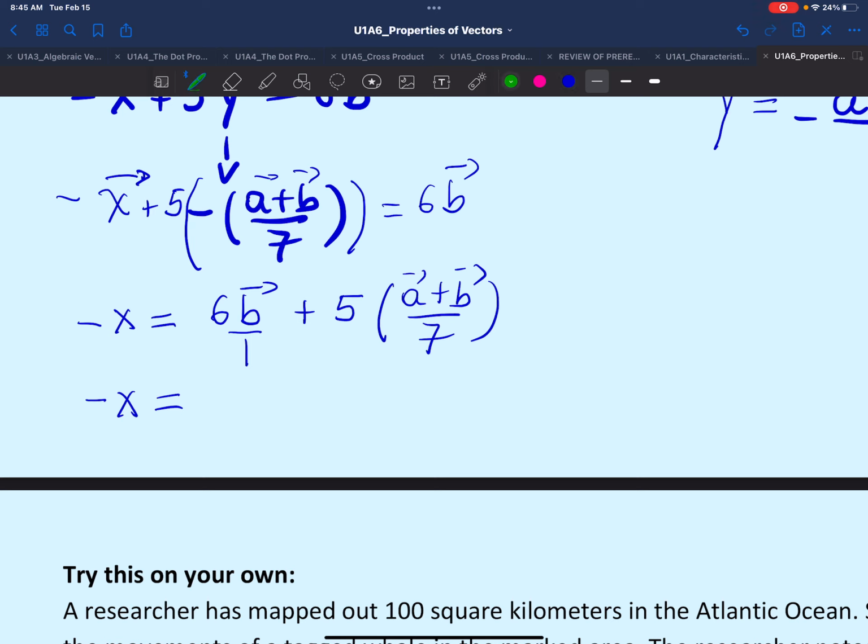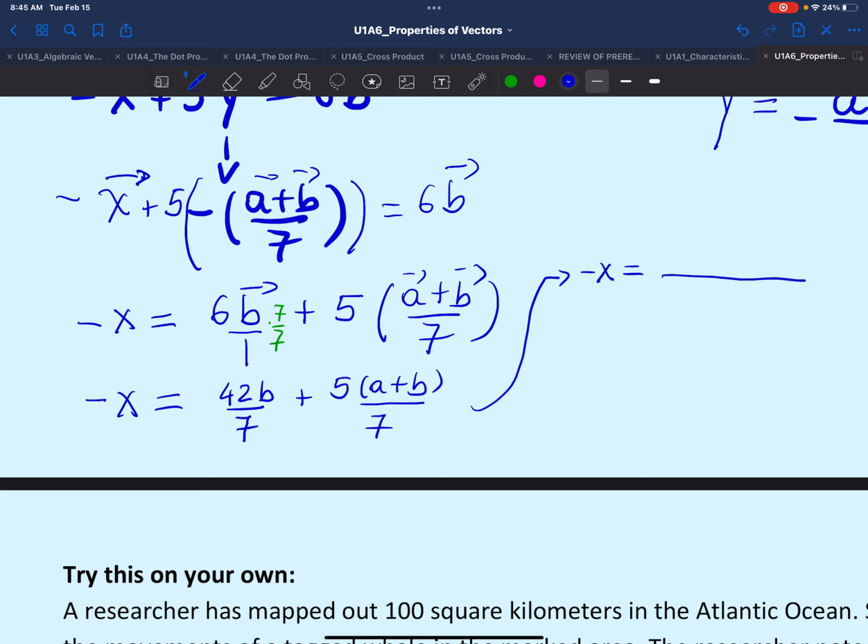So we'll multiply by 7 over 7 here. So that will give 42b over 7 plus 5a plus b over 7. Simplify some more, and we'll have negative x equals, we can bring them under the same denominator of 7. So we have 42b plus 5a plus 5b.